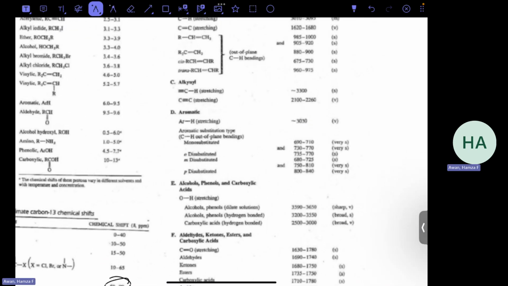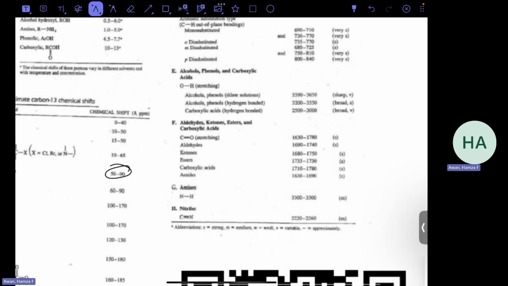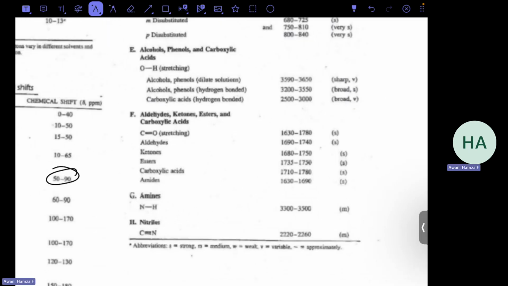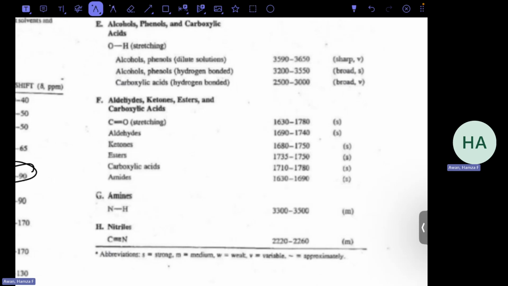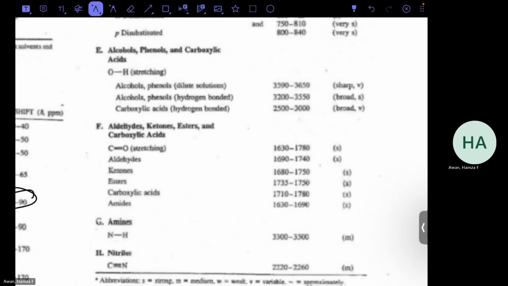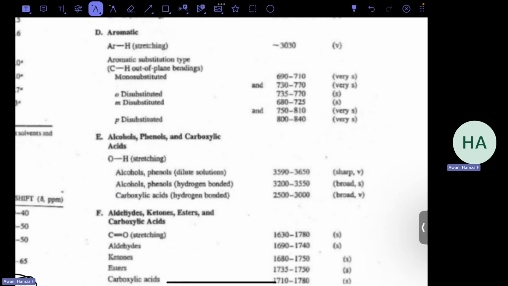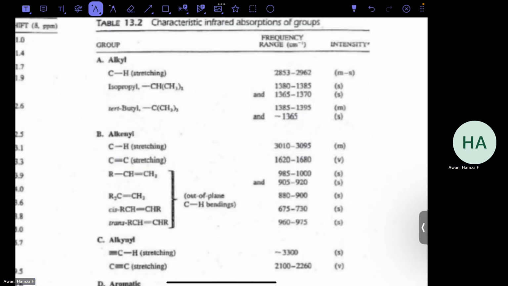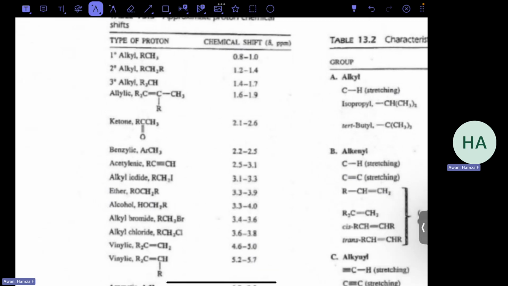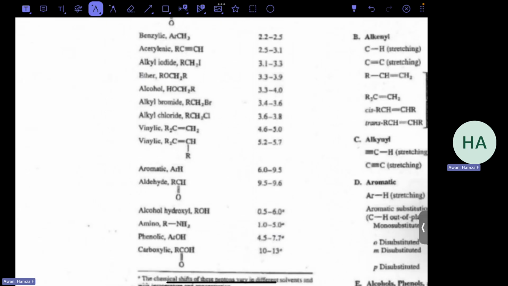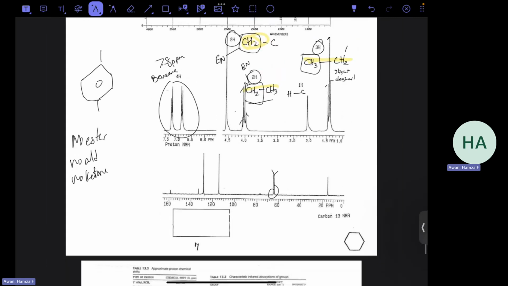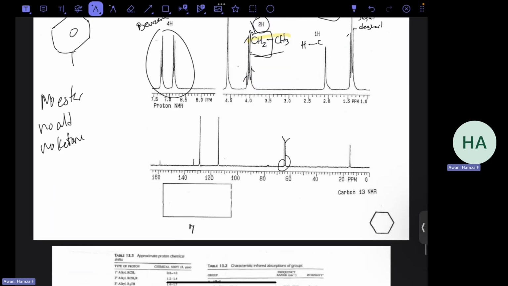And let's see if we can find anything else. We have the OH stretching. Let's see if we can find anything for ethers, right? That's phenols. Okay, can't really find anything for ethers. It's okay. Now that we've exhausted all options, we can start creating the molecule, right?